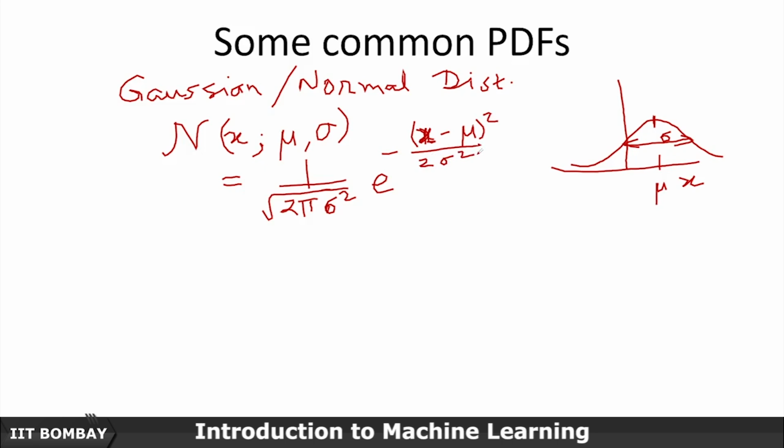This particular formula gives you this bell shaped curve, and it is a very commonly used distribution because it arises naturally in many natural phenomena when you have an aggregation of many small parts. Each of them has its own distribution, but their sum will start to have a Gaussian distribution.